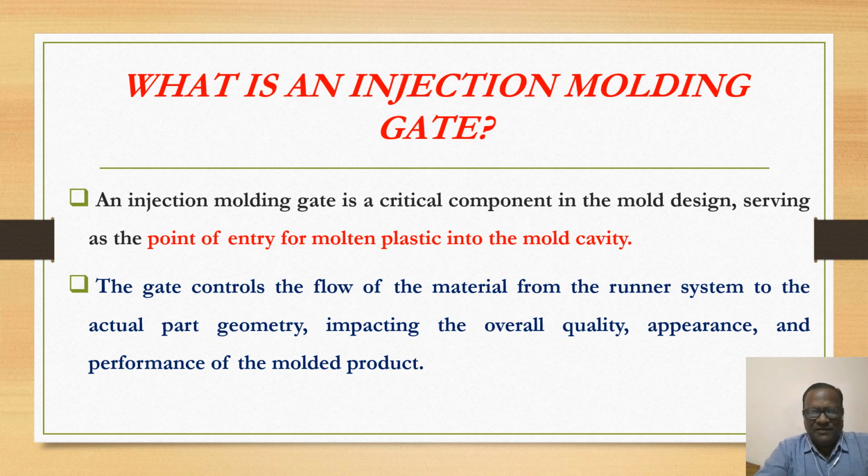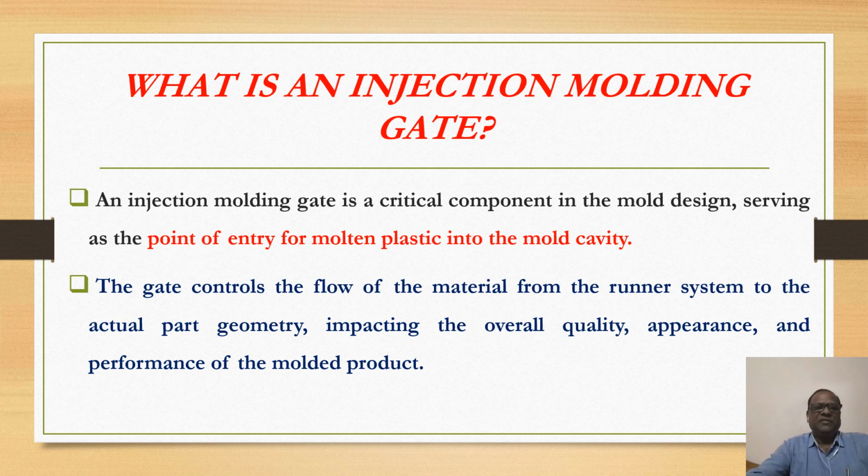It is generally done purposefully, because if the pressure increases, then the material will enter the cavity with high pressure. That's why the location of the gate, the type of gate, and the size of the gate are very important when you are going to design the feed system for an injection mold.